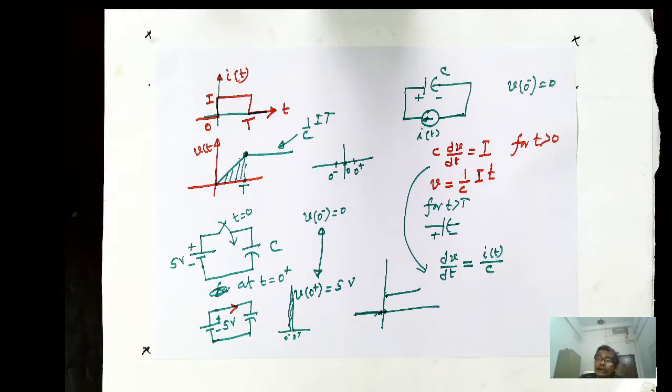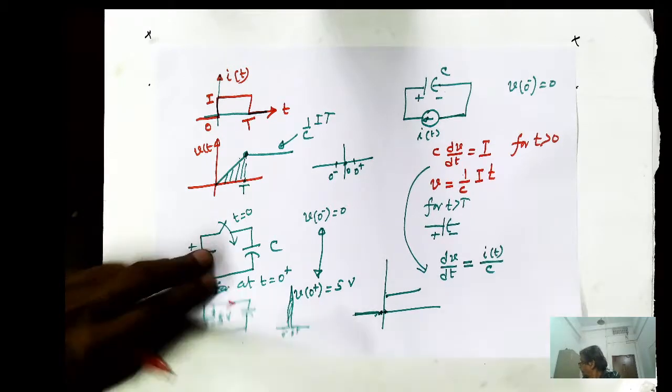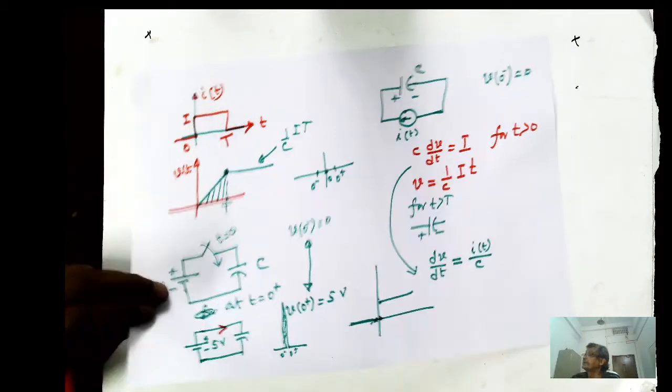In case of an inductor, I should see that voltage should not change as an impulse across the inductor also. With that, I will complete this part of the lecture.